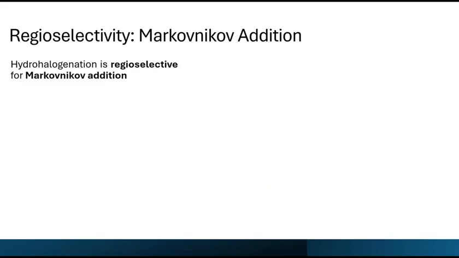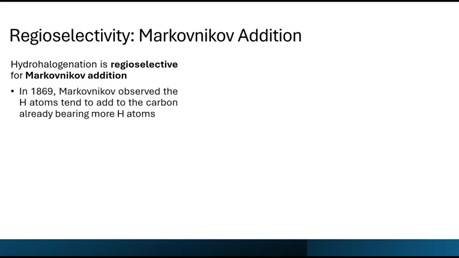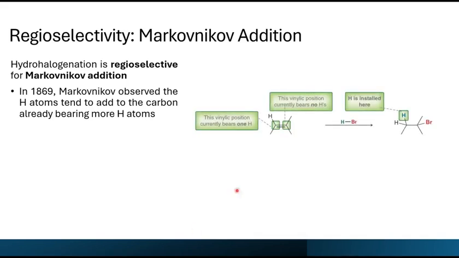Regioselectivity, Markovnikov addition. Hydrohalogenation is regioselective for Markovnikov addition. In 1869, Markovnikov observed that the H atoms tend to add to the carbon already bearing more H atoms. So if we have this sp2 carbon that has more H's, compared to this sp2 carbon that has no H's, then the H of HBr will add to the carbon that has more H's already.